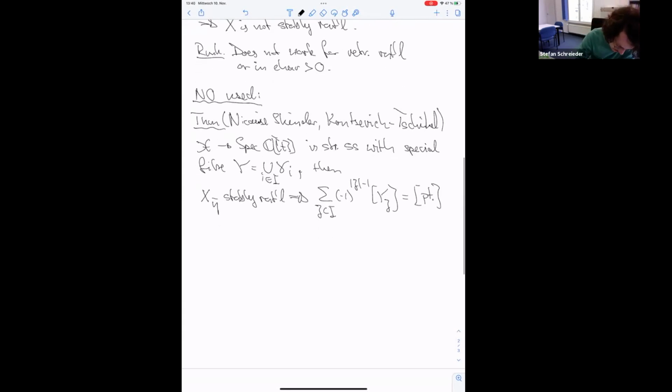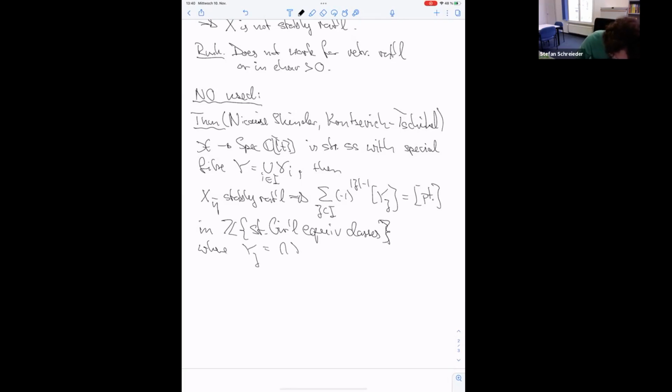A certain identity holds in the free abelian group of stable birational equivalence classes. Where this one here is the intersection.